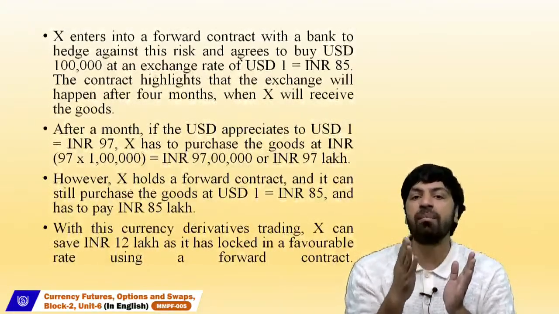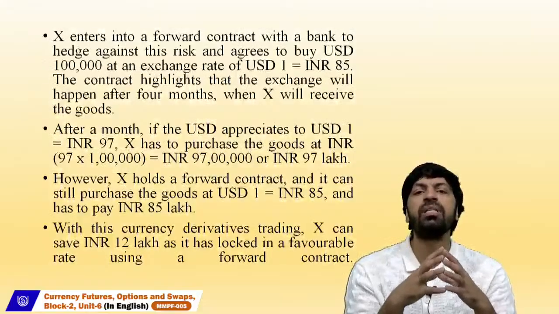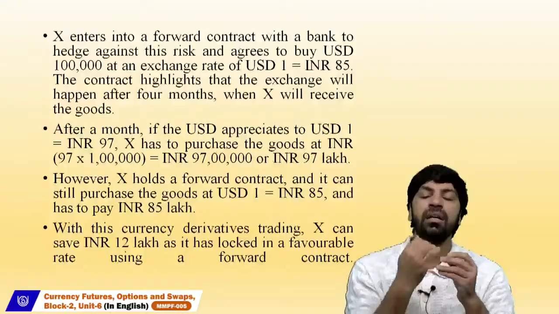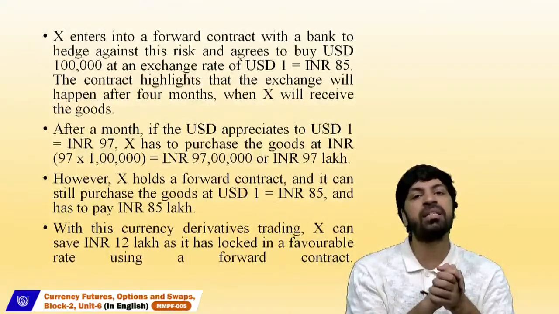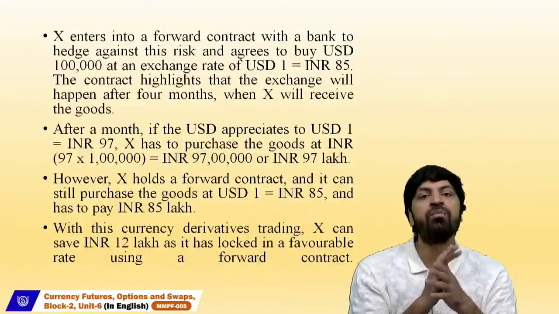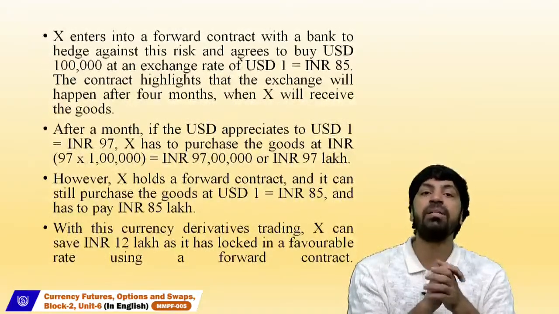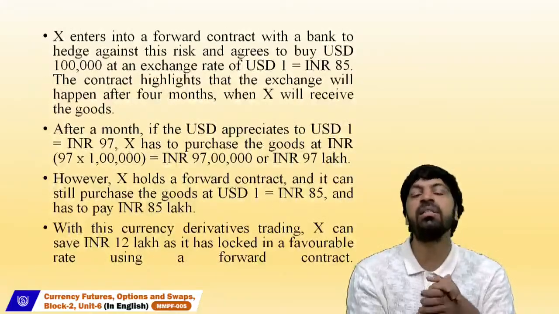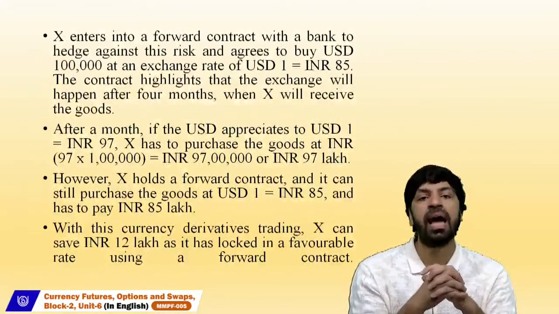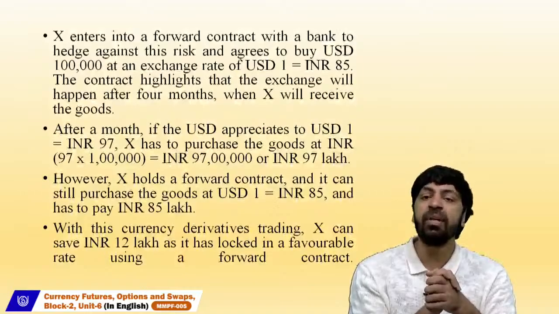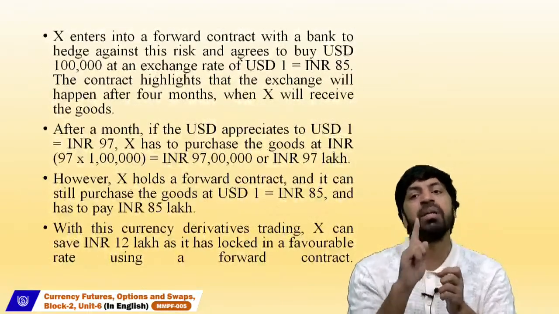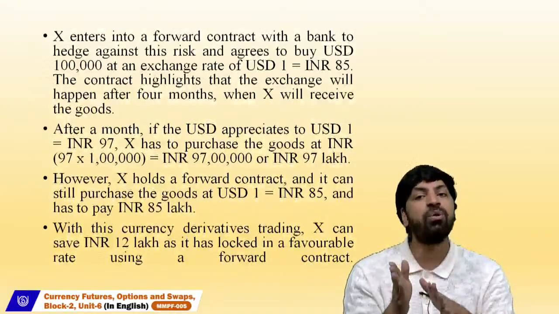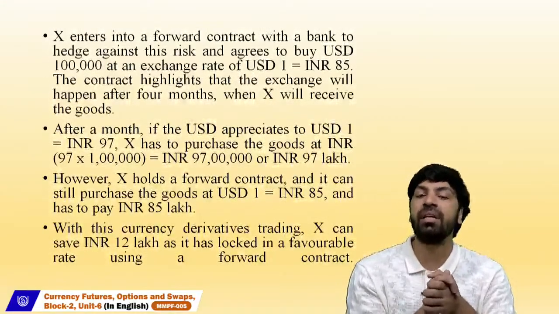So after a month, let's say the US dollar appreciates, and 1 US dollar is equal to 97 Indian rupees. Then X has to purchase those 1 lakh dollars of imported goods, multiplied by 97 rupees, which equals 97 lakhs.